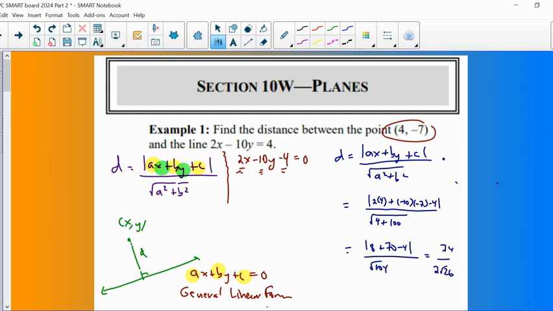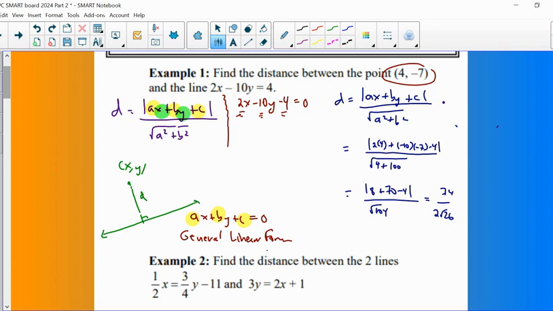We can certainly simplify that by dividing by 2, so we get 37 divided by the square root of 26. If you want to leave it like that, go ahead, or rationalize it to 37 root 26 over 26. And that's our distance. That is the perpendicular segment that measures from the point to the given line.